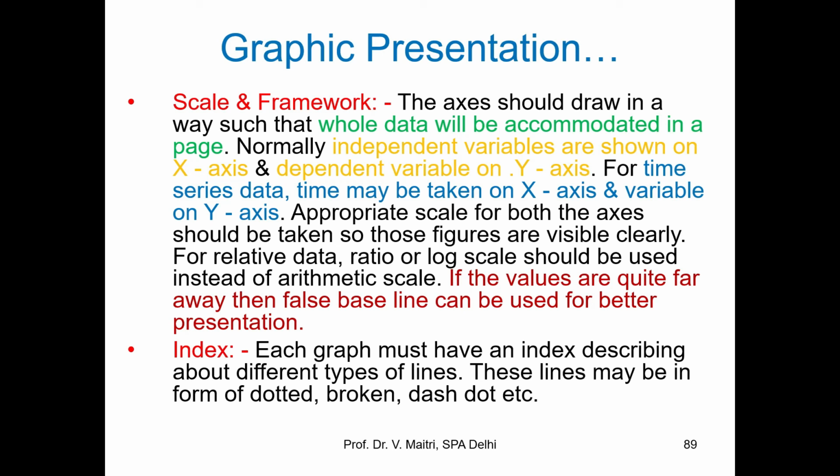It is important, but it is not part of today's discussion. If the values are quite far away, then a false baseline can be used for better presentation. Then index. Each graph must have an index describing different types of lines. The lines may be in the form of dotted lines, broken lines, dash-dot, etc. You can draw different types of lines also.